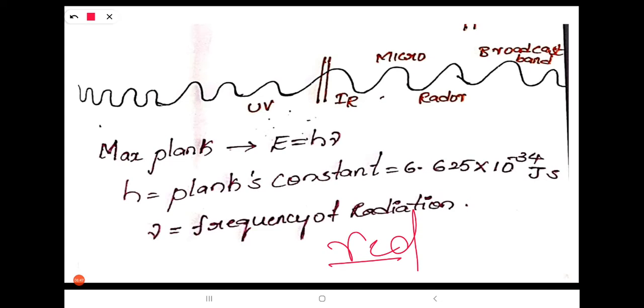Max Planck, the scientist, broke with the continuous energy radiation of electromagnetic energy by assuming that the energy is always in multiples of h nu.